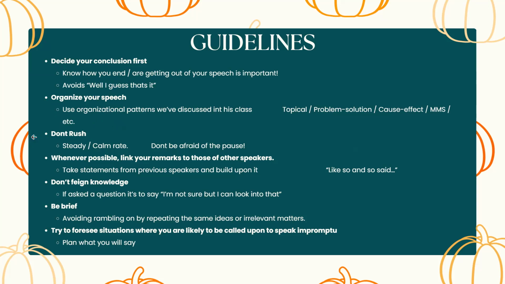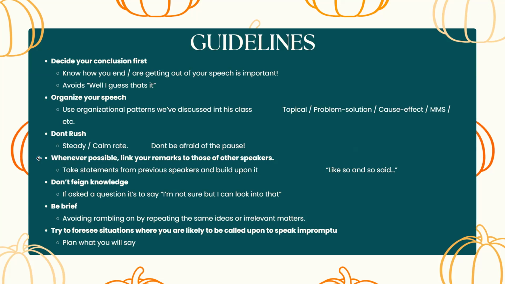Next, don't rush, right? Sometimes with impromptu speeches, we're like, let's get this over with as fast as possible, but let's stay steady, let's stay calm, and don't be afraid of that pause if you really need to gather your thoughts and see where you're at for your next point, right?